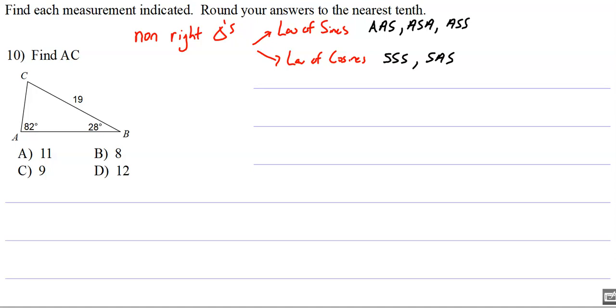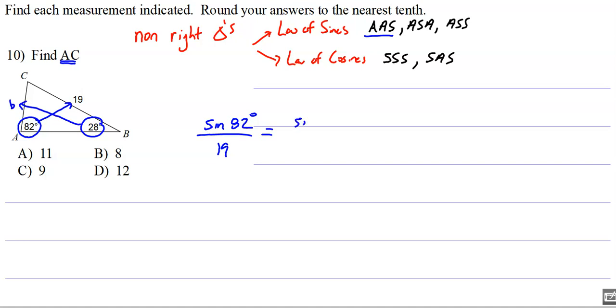Looking at this one, we have angle, angle, and some random side. So I think we can use the law of sines here. Let's set up the law of sines. I've got the sine of 82, and then the side across from that angle. And then I've got the sine of 28, and we're trying to get AC, aka little b.